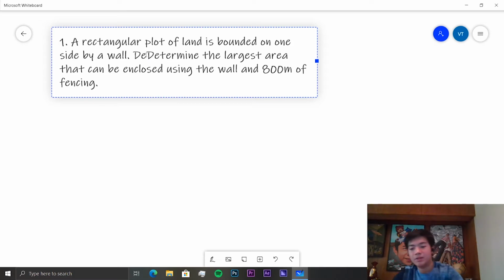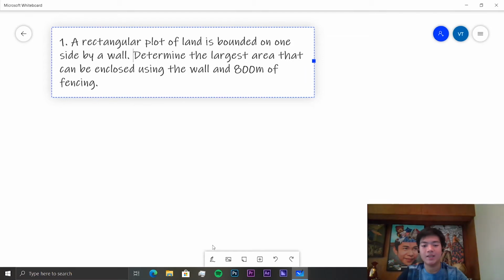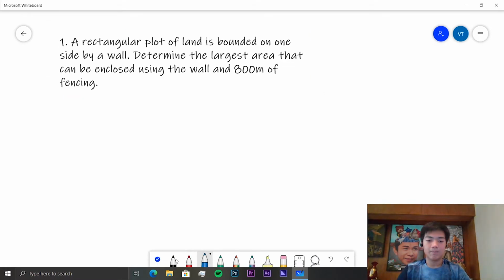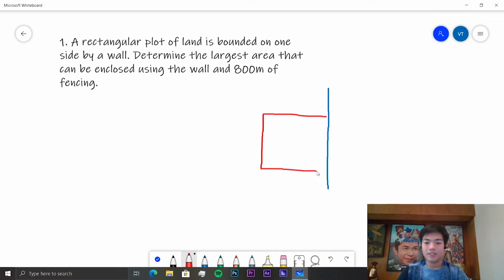What we want to remember is, if it's the first time you're doing one of these problems, you might want to draw an image of what this might look like, especially if it's some form of geometrical problem like this. So what we have is a wall on one side, and then some form of fencing here.